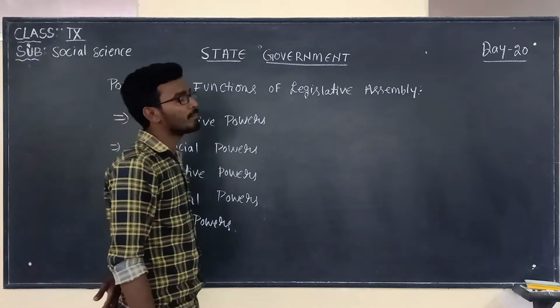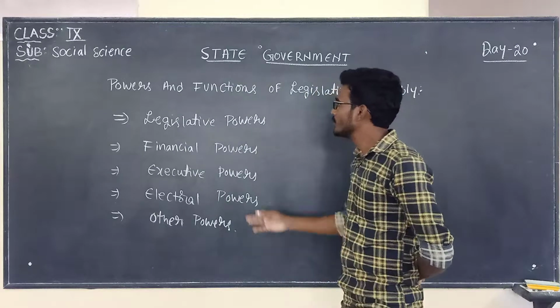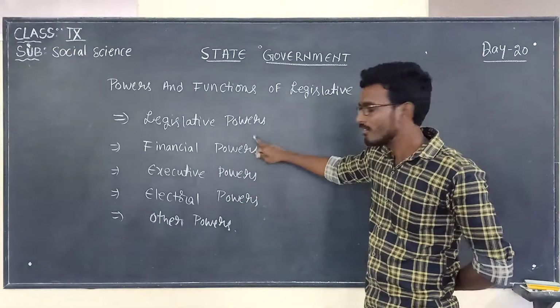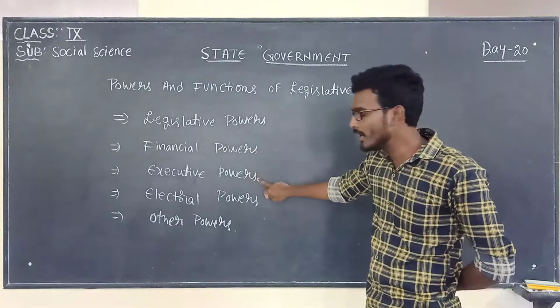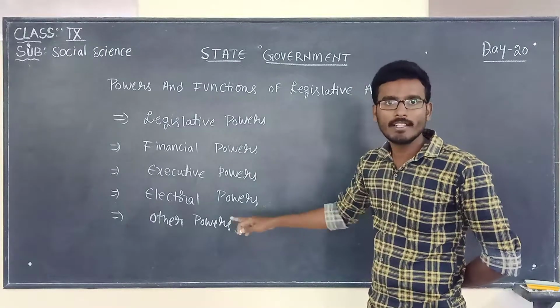So these are the major powers and functions of legislative assembly. What is the first one? Legislative power, financial power, executive power, electoral powers and other powers.